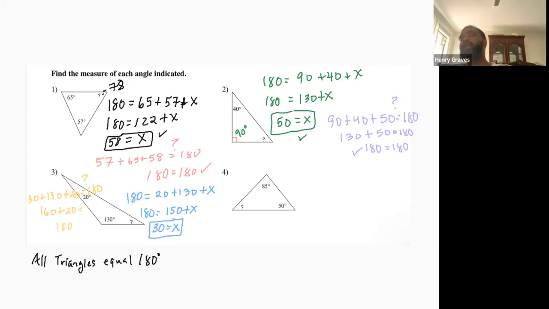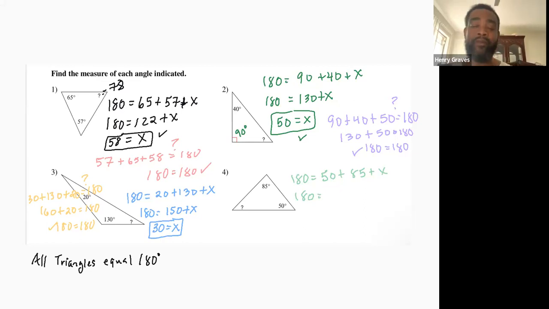There we go. Now on number 4, final one, and we're finally done with all this madness, right? I'm going to do 180 is equal to 50 plus 85 plus X. I don't know what the X is. So I know 180 is going to equal 50 plus 85, which I believe is 135. And to figure out what X is, I'm going to subtract 135 from 180.